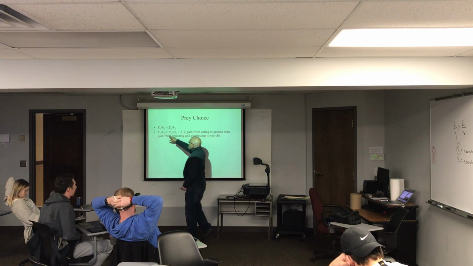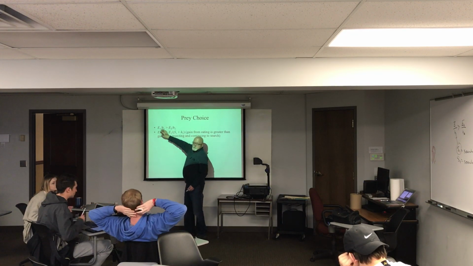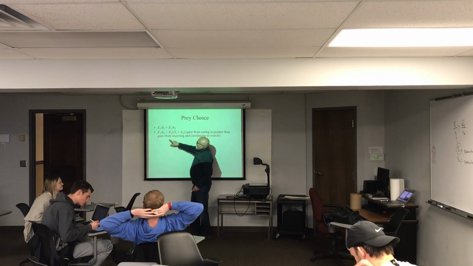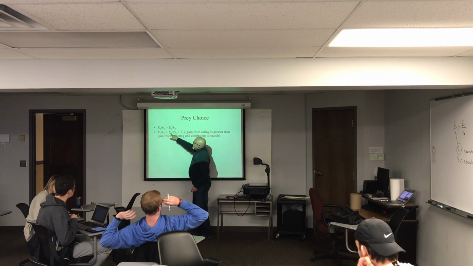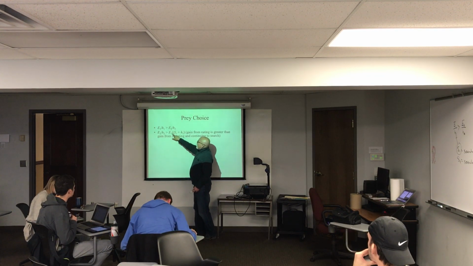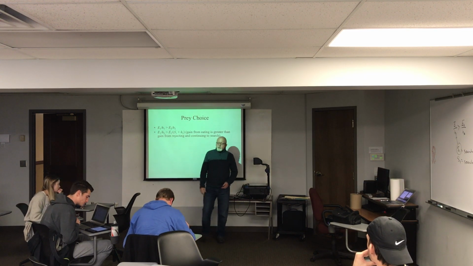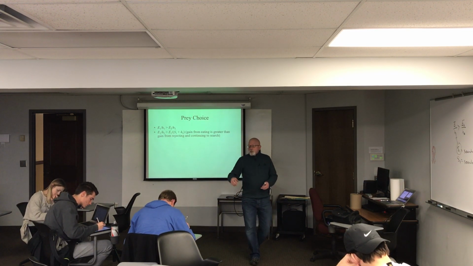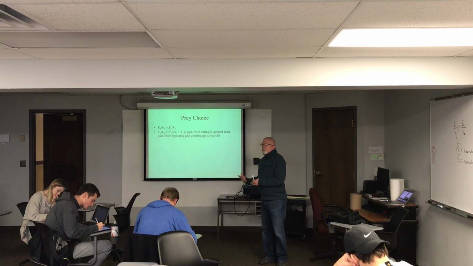Yes. So this is the situation where this is more efficient than this, and you should only take 2 if the search time is significant enough that it reduces the overall rate of energy gain from large prey below a level of eating prey 2.